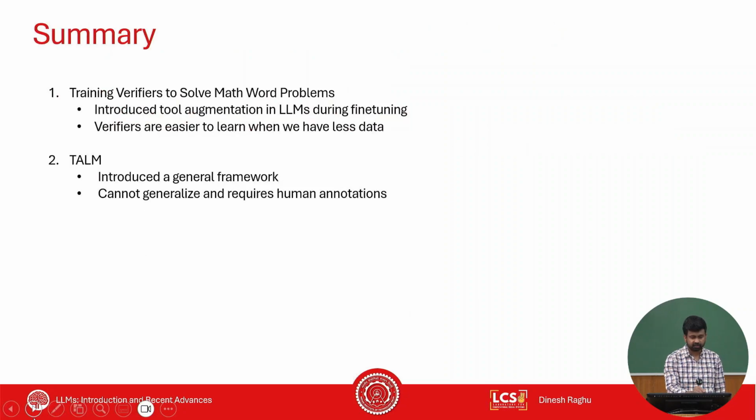So in this model, we know how to augment tools. This was a useful insight. In the next paper, TALM, they figured out that you can generalize it to any tools you want, and it requires slightly less human annotation. But at the same time, it cannot generalize. For example, you've taught the use of a tool in a very specific setup.